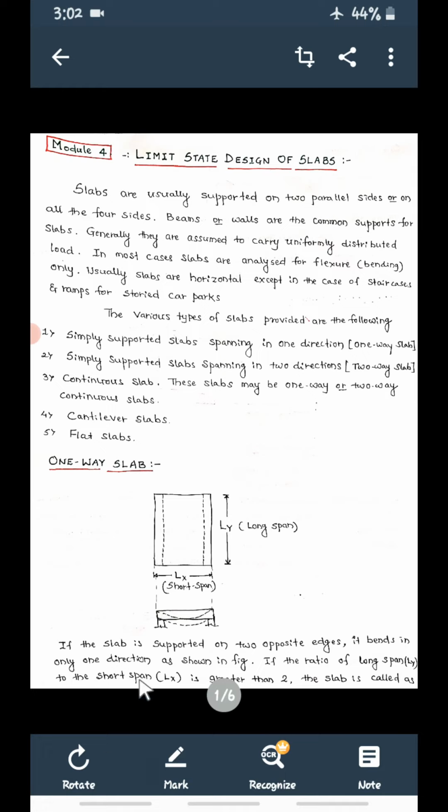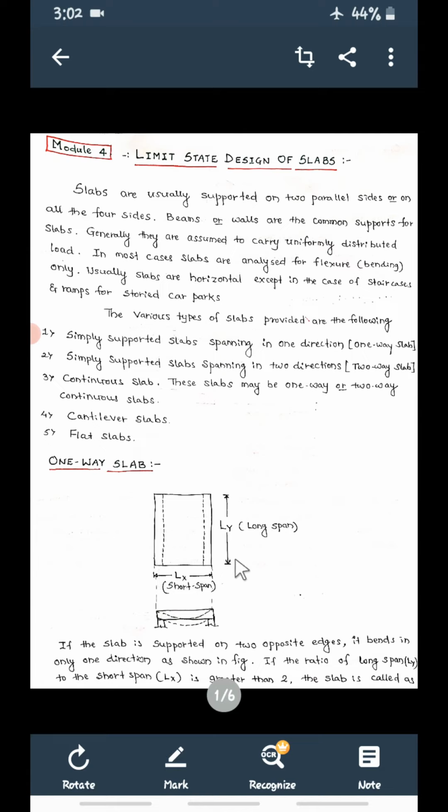Okay. So the slab is supported on two opposite sides. The slab will be laid like this, and these are the supports for the slab. It bends in only one direction, as shown in the figure. Now one more thing: the ratio of the long span to the short span, where the long span is Ly and the short span is Lx.